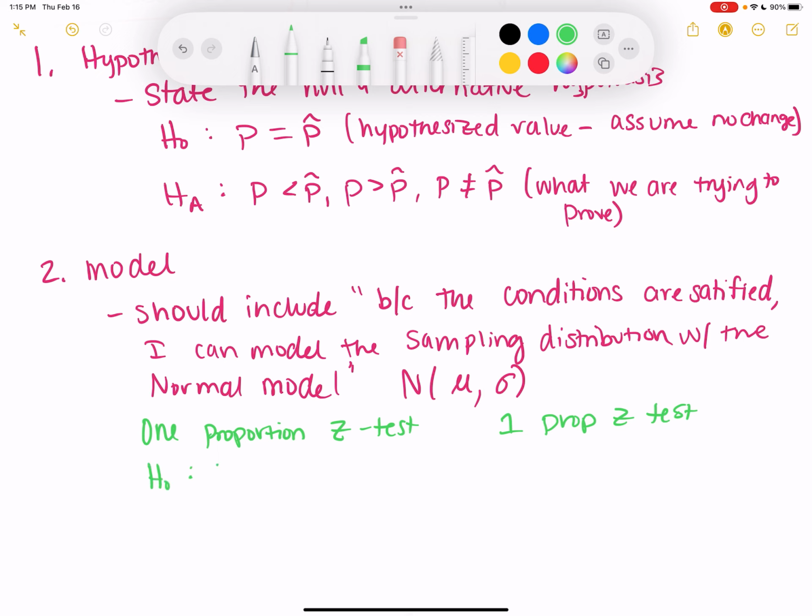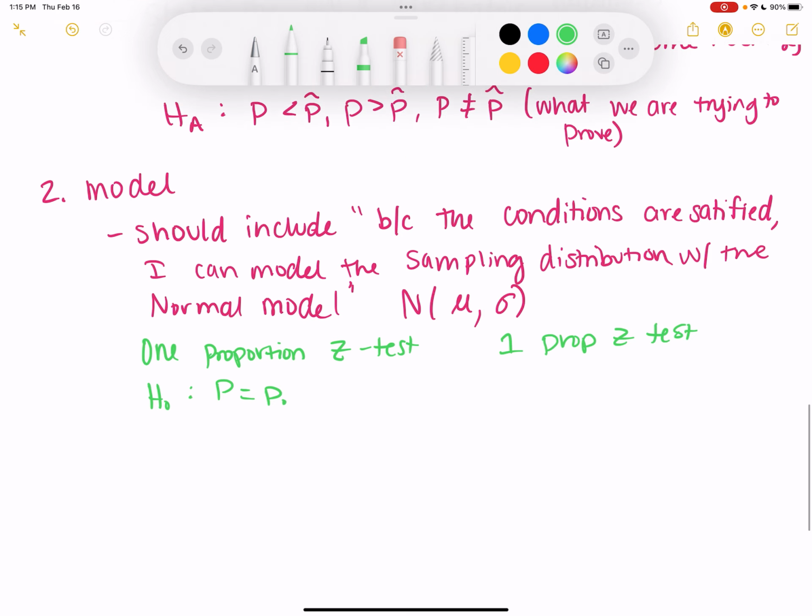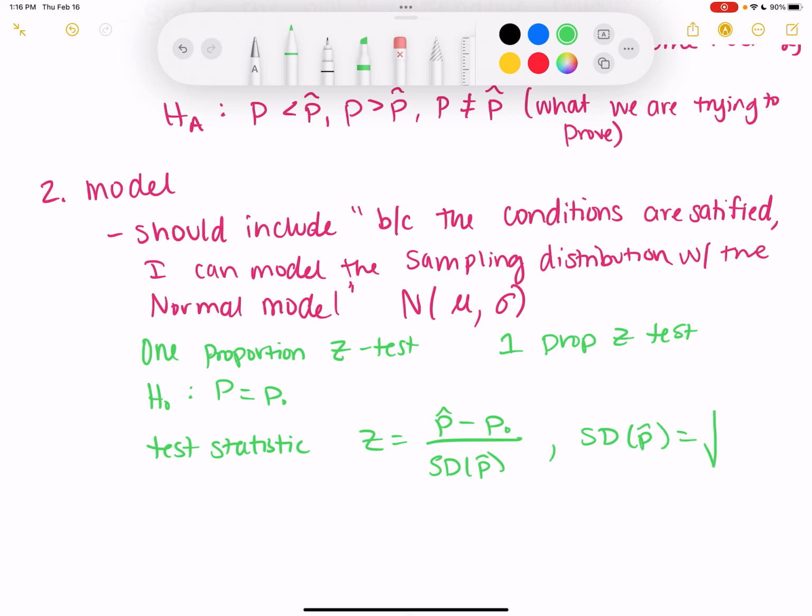So the H sub 0 is P is equal to P sub 0. The test statistic is Z is equal to P hat minus P0 over the standard deviation of P hat, where the standard deviation of P hat is equal to the square root of P sub 0 Q sub 0 over N. And we use the normal model to obtain a p-value.